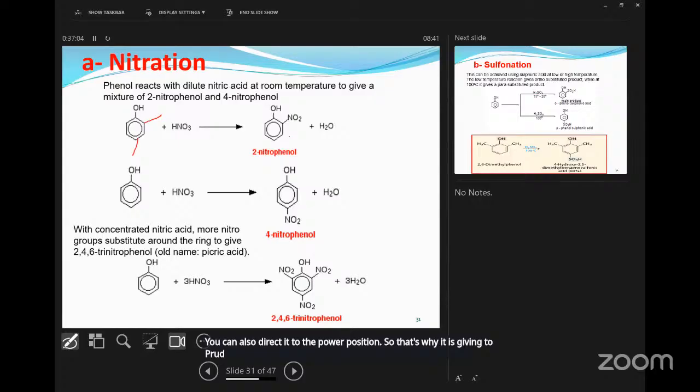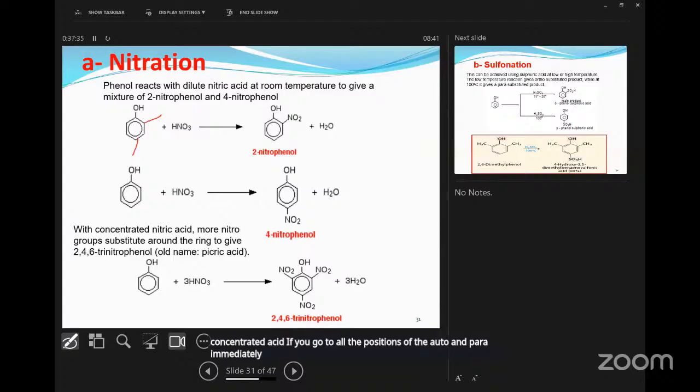So it will give the 2-nitro product, or what you can also call o-nitrophenol. You can also call this one the p-nitro product, because I've told you that OH is a very, very strong activator. Note that the first reaction is with dilute nitric acid. If we make the reaction more vigorous by using a concentrated acid, it will go to all the ortho and para positions immediately.